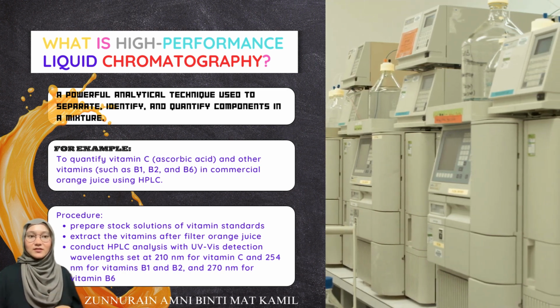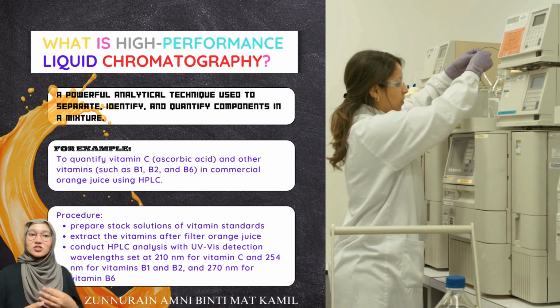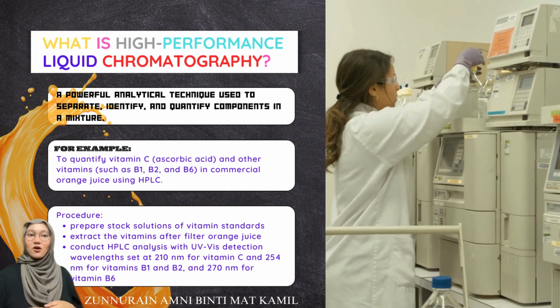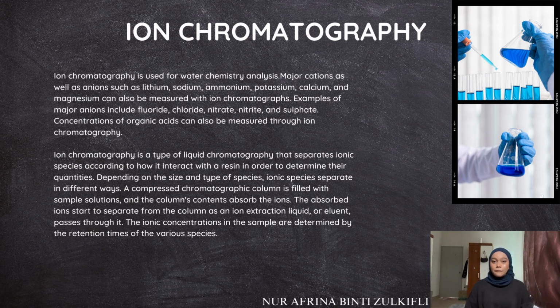Integration of peak areas allowed us to quantify the concentration of each vitamin, ensuring accurate nutritional assessment of the commercial orange juice. Another type of chromatography is ion chromatography. Ion chromatography is used for water chemistry analysis.